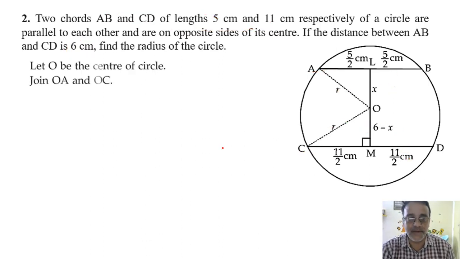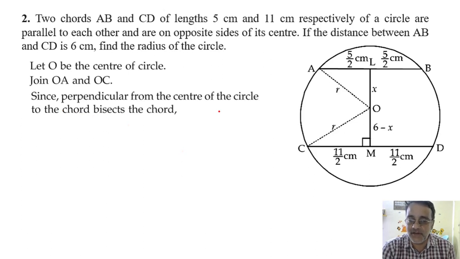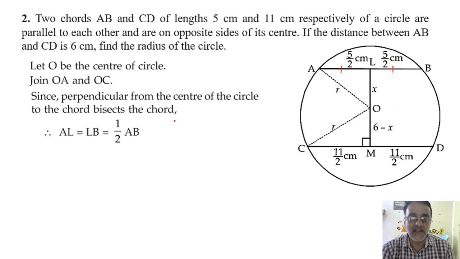Yes, sir. Okay, we'll start. Let O be the center of the circle. Join OA, OC, these two are radii, and since the perpendicular from the center of the circle to a chord bisects the chord, AL is equal to BL is equal to half of AB, and AB is given as 5 centimeters, so both are equal to 5/2.